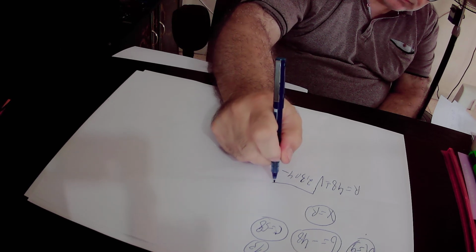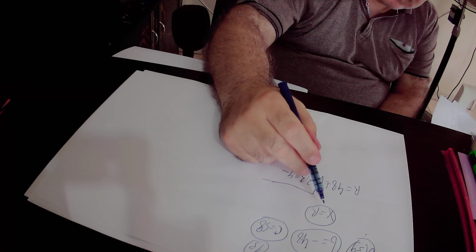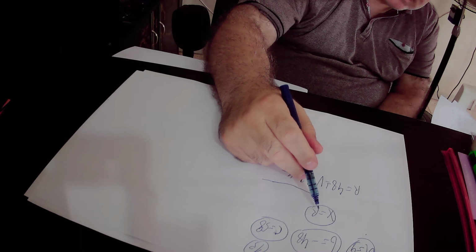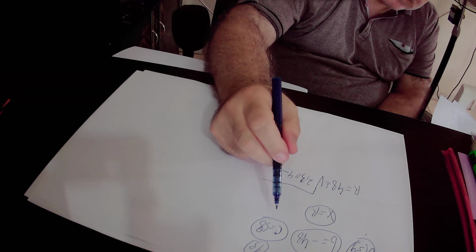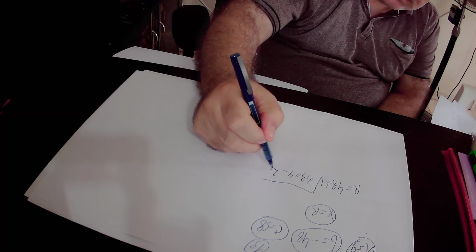minus 4 times a times c. 4 times 9 is 36, and 36 times 58 is 2,088.